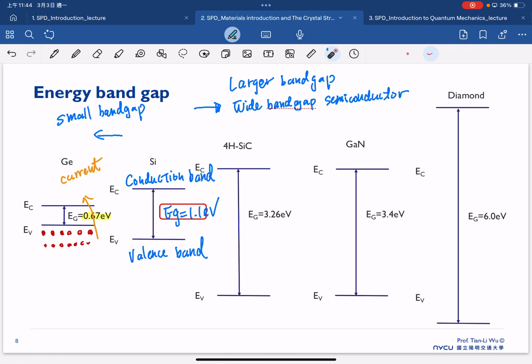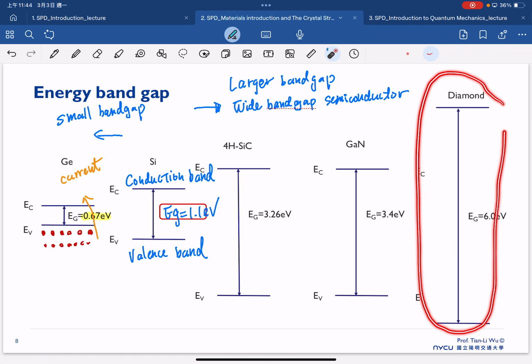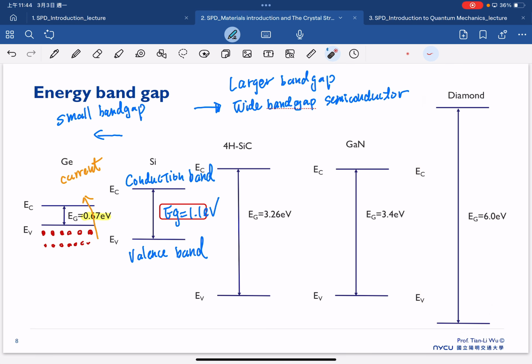On the other hand, once we consider the extreme case where we have a very, very large band gap, the electrons are full inside the valence band, but because of this very large band gap, the electrons are very difficult to cross it and reach the conduction band and become the current.